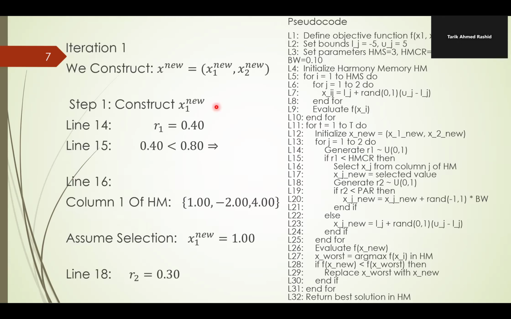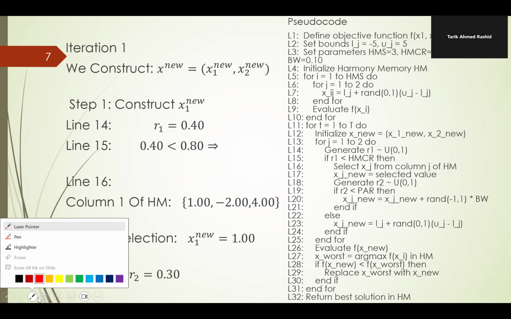Now, in iteration 1, we try to construct x1 new. Initialization is done, and we come to line 14, where we construct x1 and x2. We toss a number r in line 14, between 0 and 1, and imagine we receive 0.4.